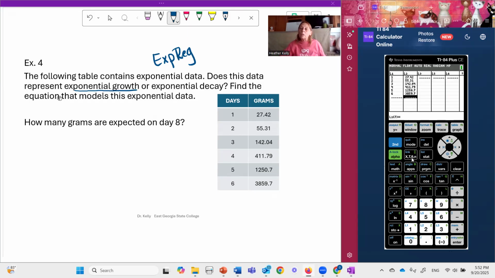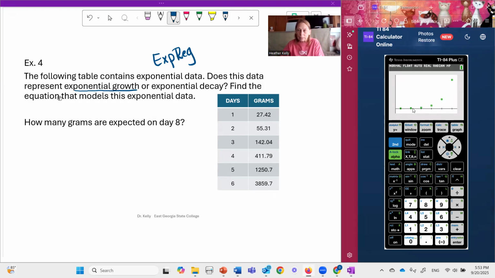Okay, cool. Now I want to show you what the scatter plot will look like here. Remember, to scatter plot, we go zoom stat. And you see, it starts low and grows quickly, and it doesn't come back down. It didn't start high and then come back.